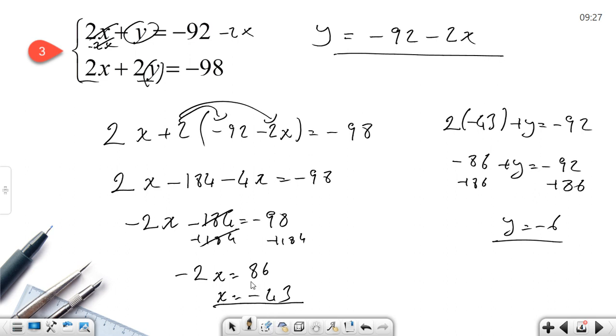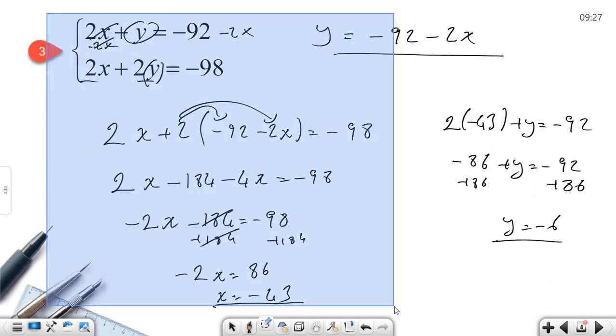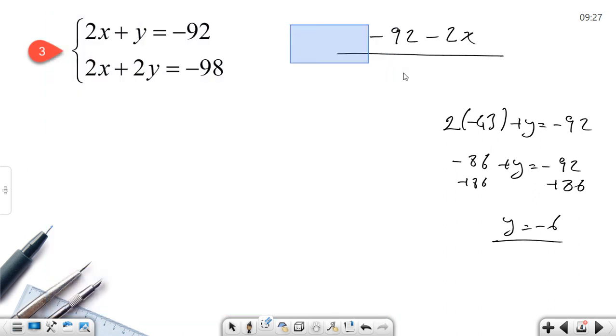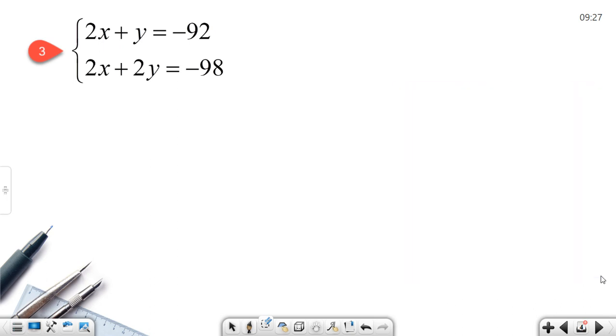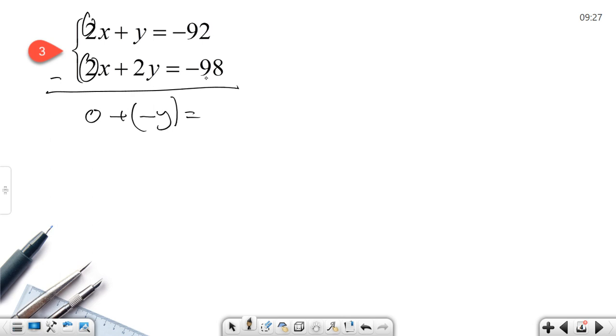That has long steps. If you know how to solve this equation by adding the equations, let's go over that part again. As you see, the coefficients of x are equal, 2 and 2. If I subtract them, 2 minus 2 cancel each other and gives 0. y minus 2y is minus y. Negative 92 minus 98 is 6. So minus y equals 6, y equals negative 6.